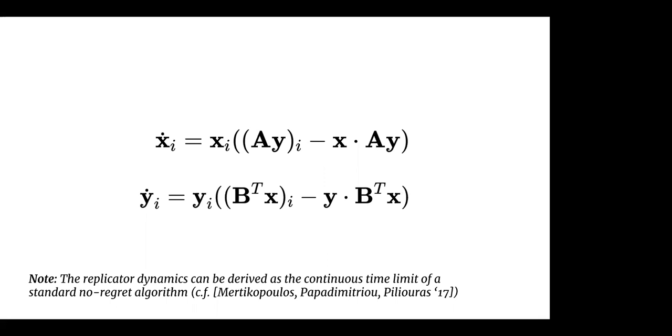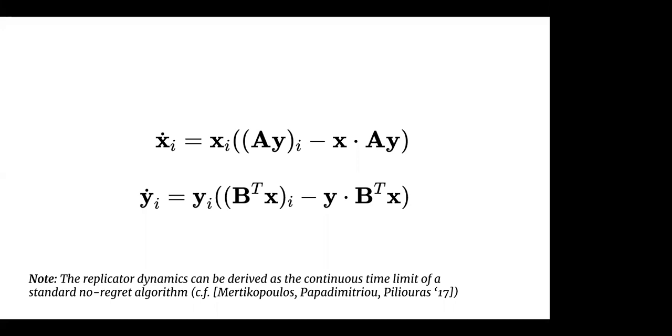So the reason why we're looking at this particular dynamic, other than the fact that it's arguably the most popular ODE in mathematical biology, is also because it's been shown to be a continuous time limit of a lot of no regret learning algorithms.